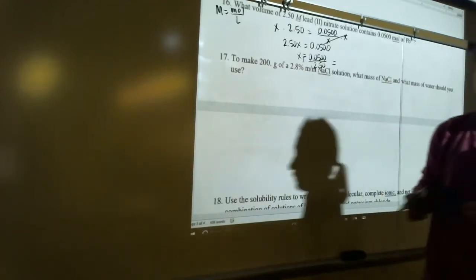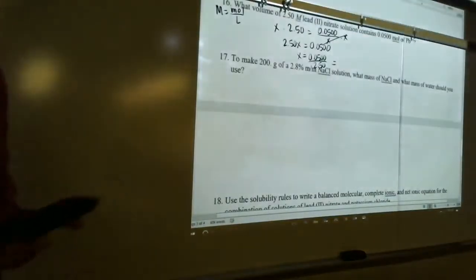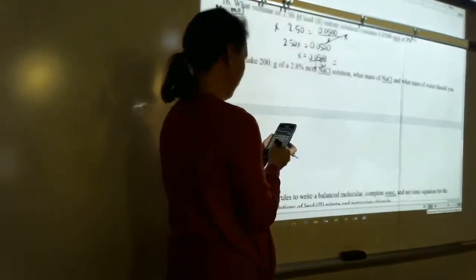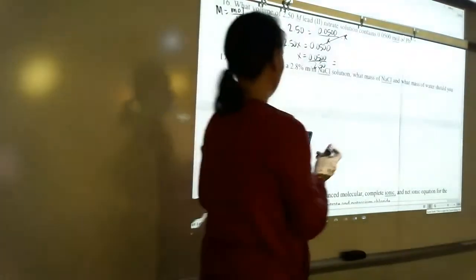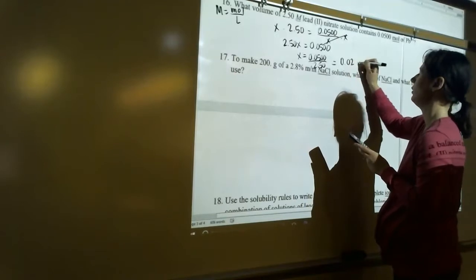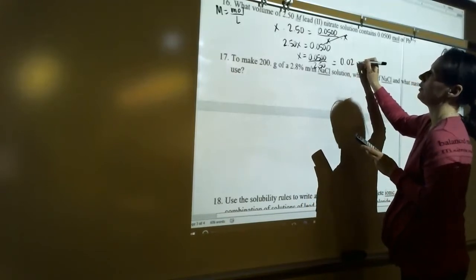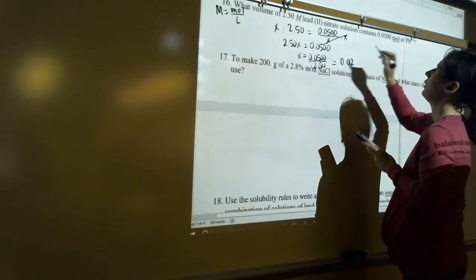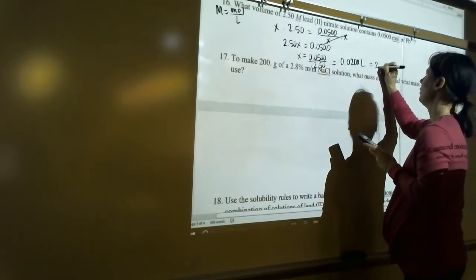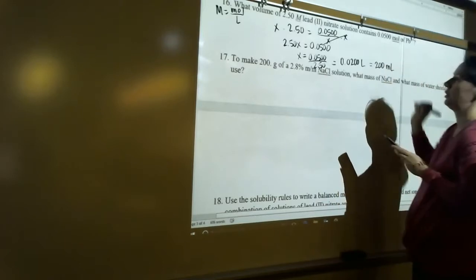So 0.05 divided by 2.5. x is equal to 0.02. We keep how many sig figs? 3. liters or 200 milliliters. Right?